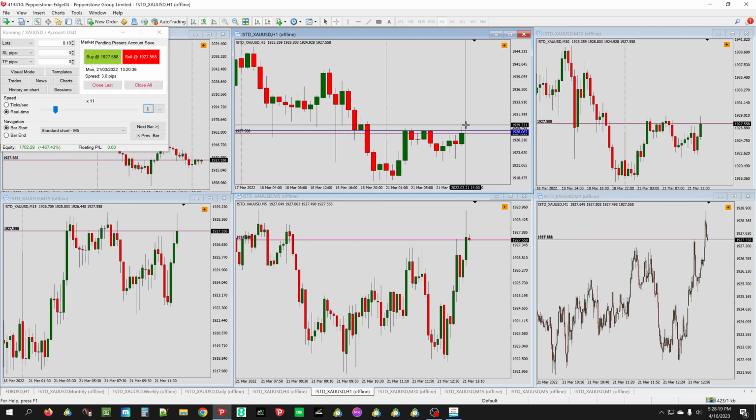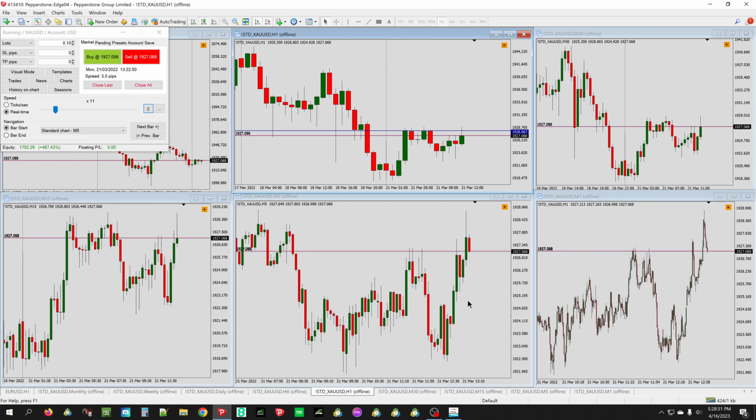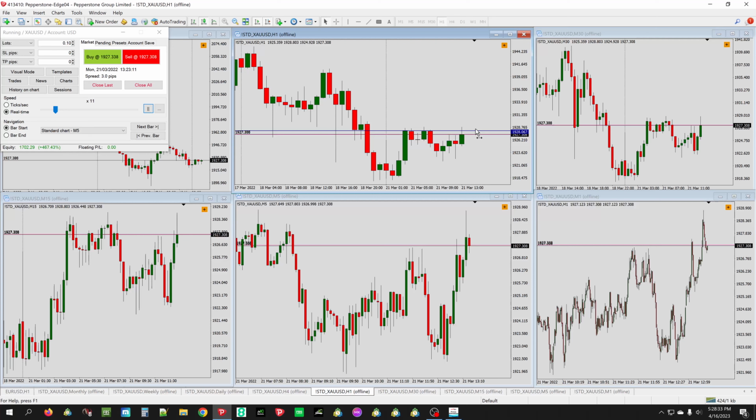Although price is moving up, we want better execution and we want a better entry. So waiting just makes much more sense in here, and I am not expecting a lot of action today.